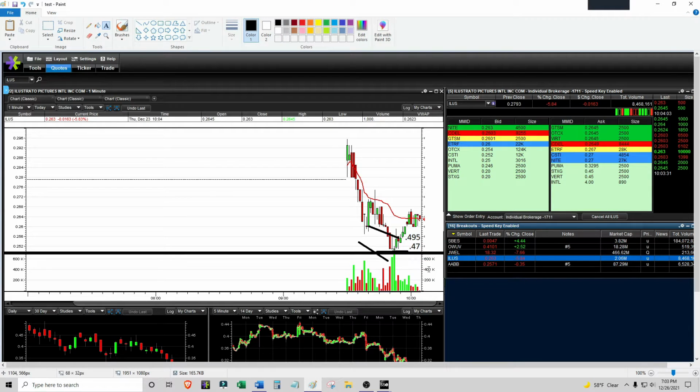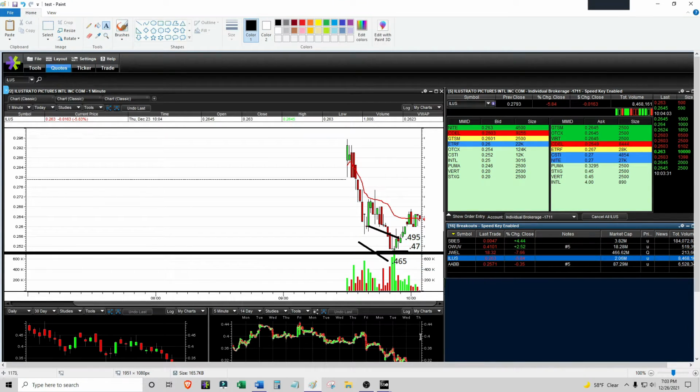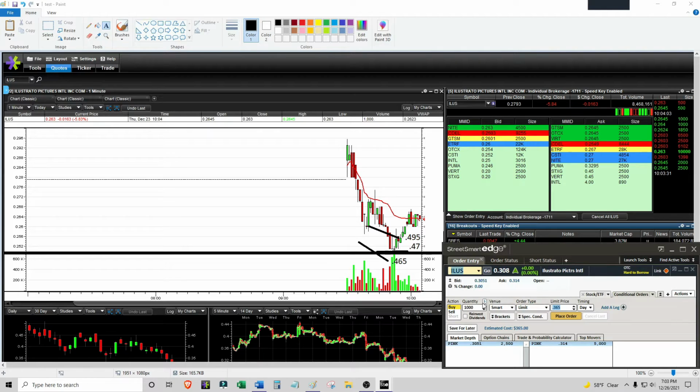Worst case scenario, 46.5. Let's count how many sections. First, let's put 1,000 shares because that's what we're trading right now. 49.5. How many sections is your entry price from your risk level?